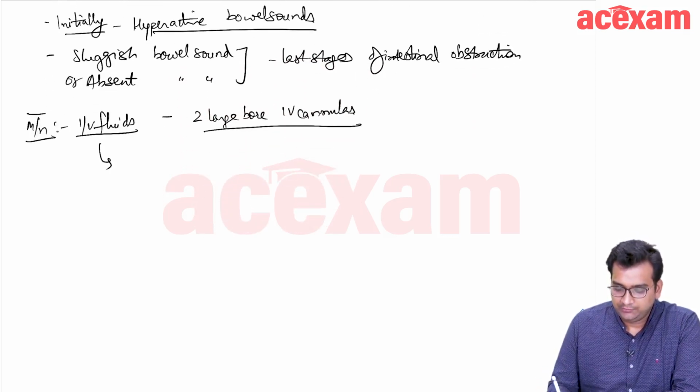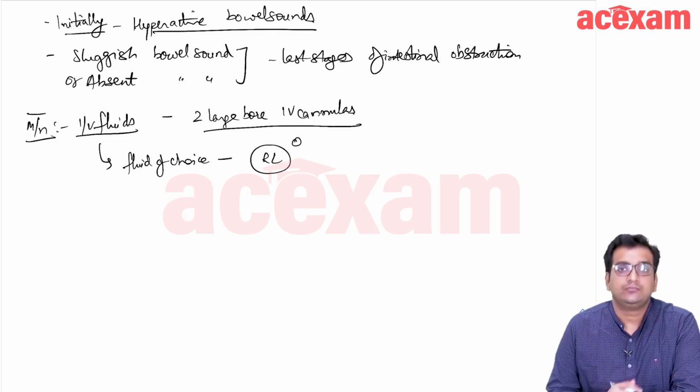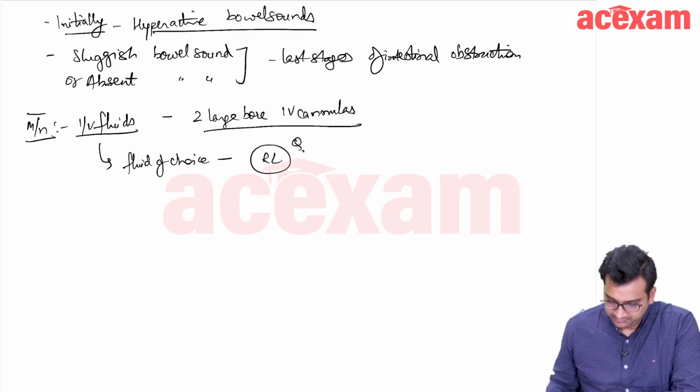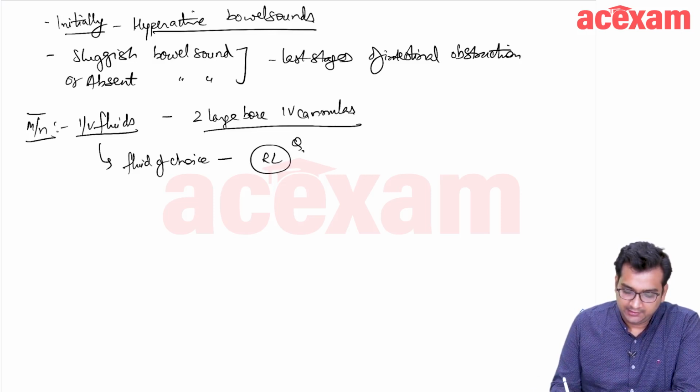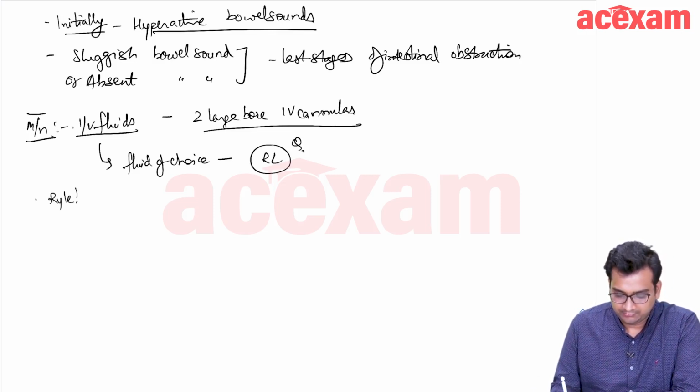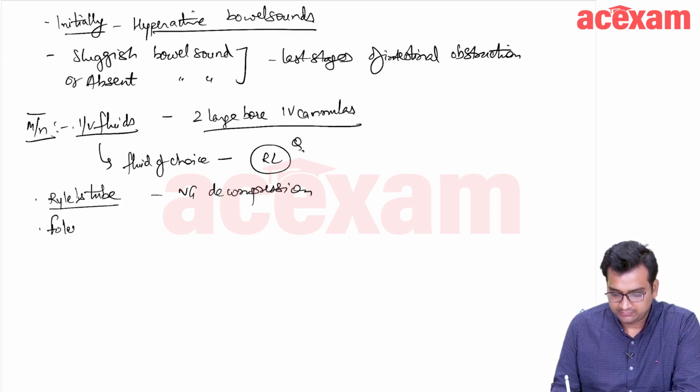What is the fluid of choice? It's ringer lactate. Along with that, we will place a Ryle's tube for nasogastric decompression, and we are going to put a Foley's catheter for urine output monitoring.